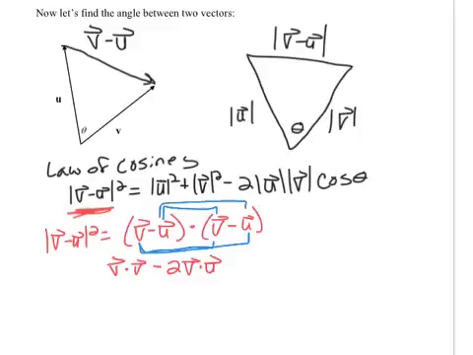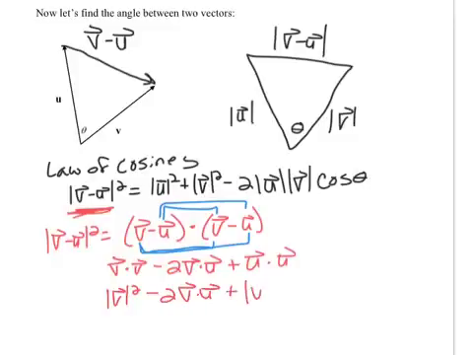A negative and a negative make a positive, so I have plus u dot u. This is the magnitude of v squared and the magnitude of u squared. So I have the magnitude of v squared minus 2 v dot u plus the magnitude of u squared.